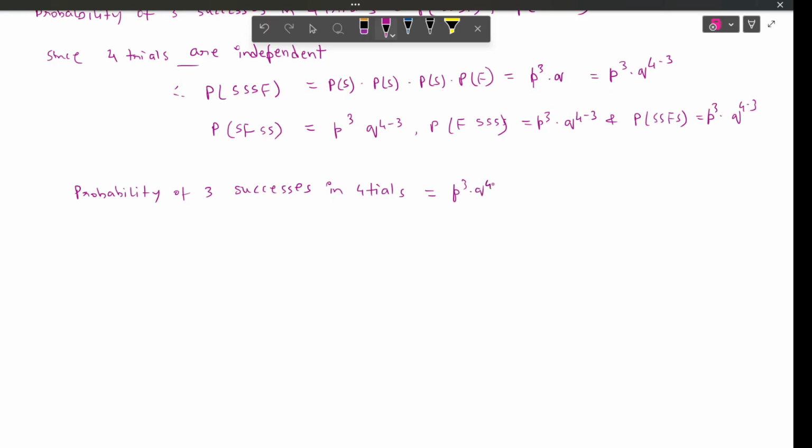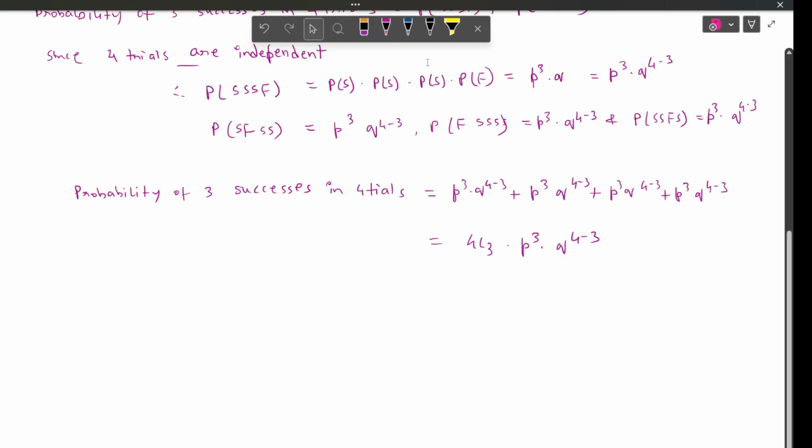So p cube q to the power 4 minus 3 plus p cube q to the power 4 minus 3 plus p cube q to the power 4 minus 3 plus p cube q to the power 4 minus 3. So we can say 4C3 p cube q to the power 4 minus 3, right? This 4 can be written as 4C3 because 4C3 gives 4. Okay.